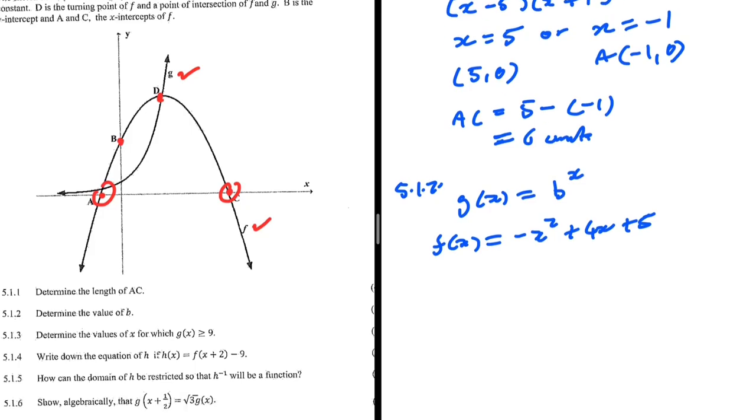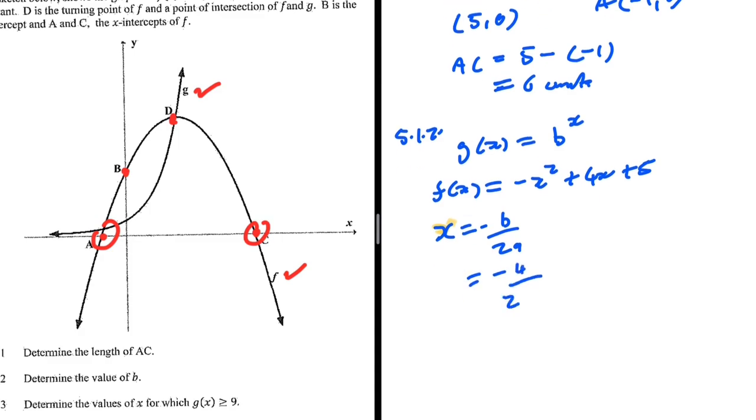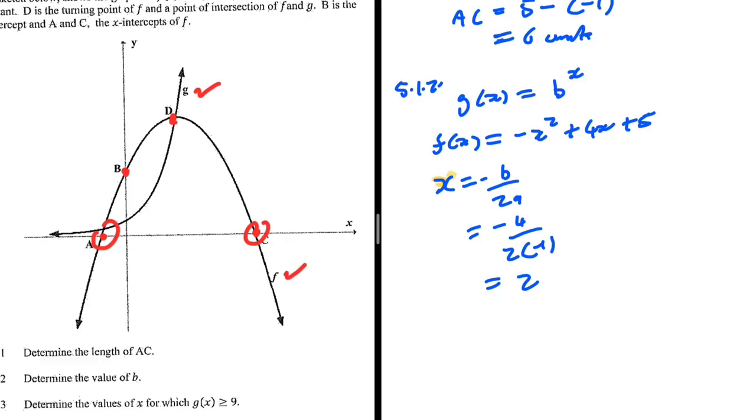Okay, so we need the coordinates of D. D is the turning point. So x at the turning point is equal to minus b divided by 2a. So minus 4 divided by 2 multiplied by minus 1. So 4 divided by 2 is 2. Okay, there we go.